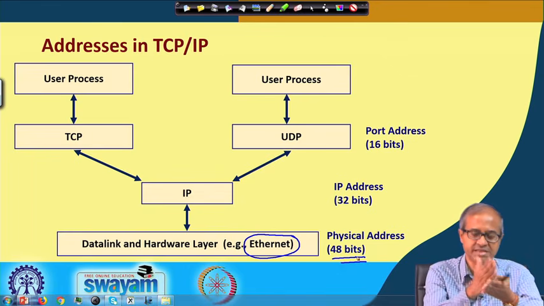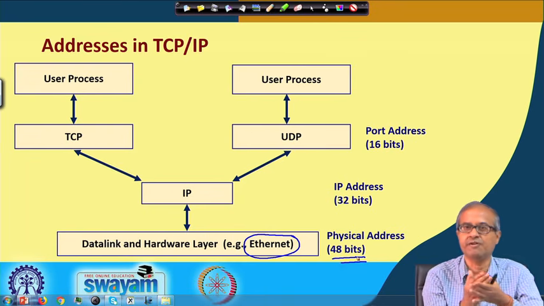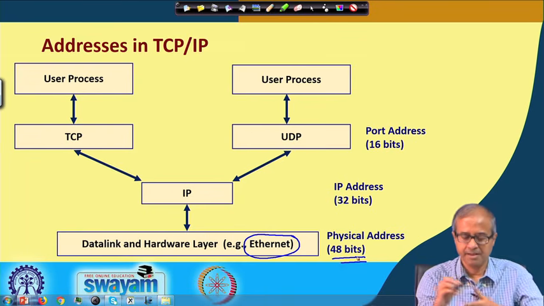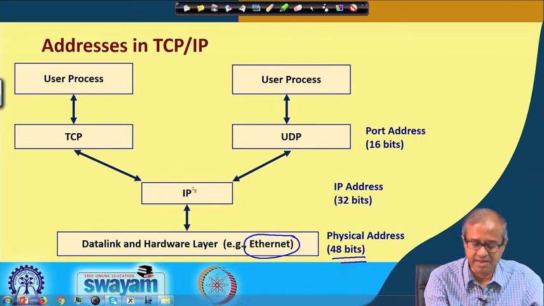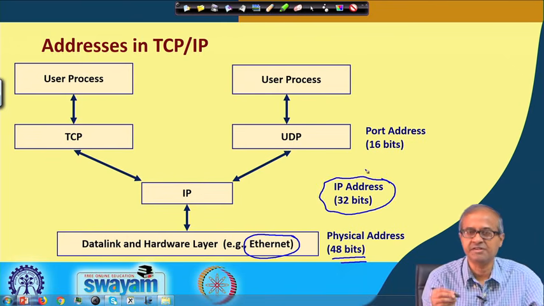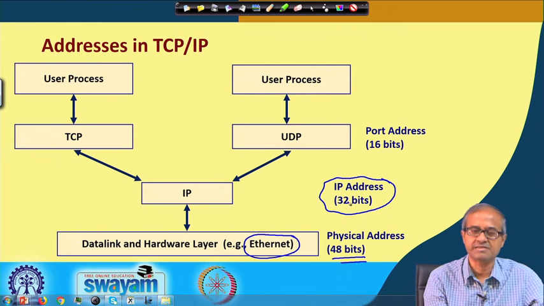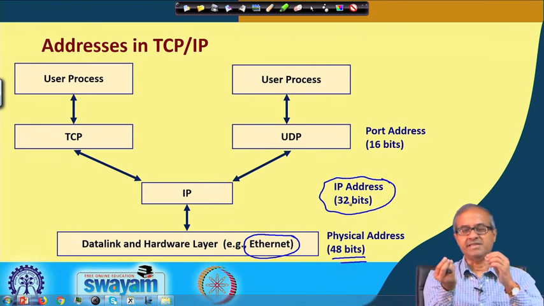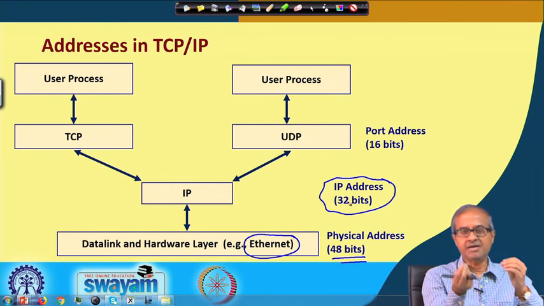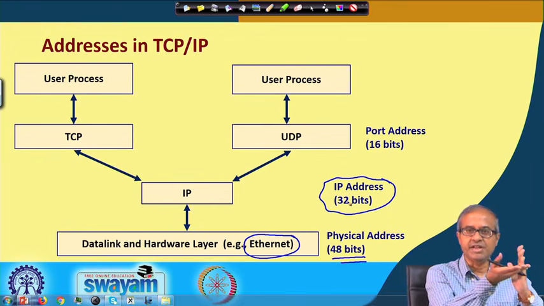Each such Ethernet card in the world that is manufactured has a unique 48-bit address. At the network layer level, at the IP, you talk about something called IP address or Internet Protocol address, that is a 32-bit address that identifies a supposedly unique address of a network interface.